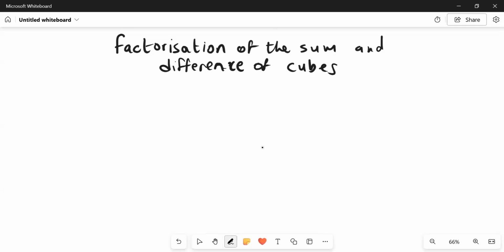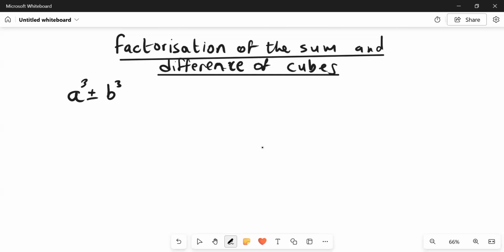Again, here we talking about something like this, where they give you a cubed plus or minus b cubed, which eventually will be equals to a plus or minus b, as well as a squared plus or minus ab plus or minus b squared, right?